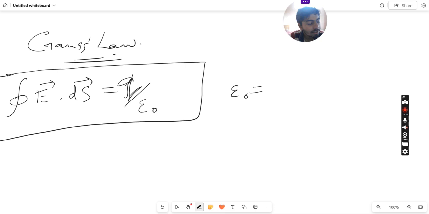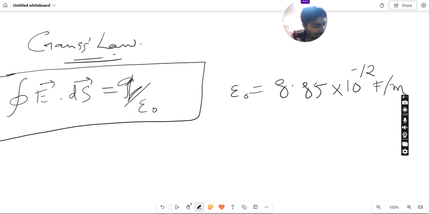It's 8.85 into 10 raised to minus 12 farad per meter. So 8.85 into 10 raised to minus 12 is basically the value of epsilon naught, in farad per meter.